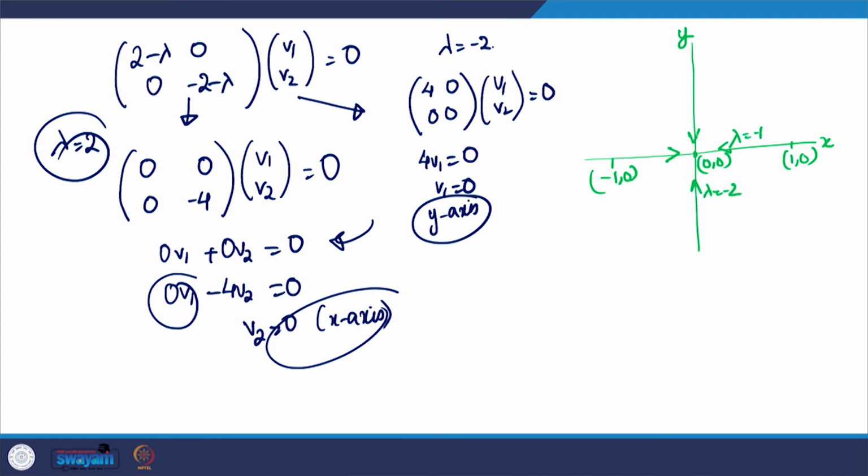This is very important information because remember, the flow lines are tangential to the slower eigenvector. The slower eigenvector in this case is the x-axis. So we know that whatever lines do come here, flow lines will be tangential. So let's use another color for flow lines. The flow lines will be tangential to the x-axis.